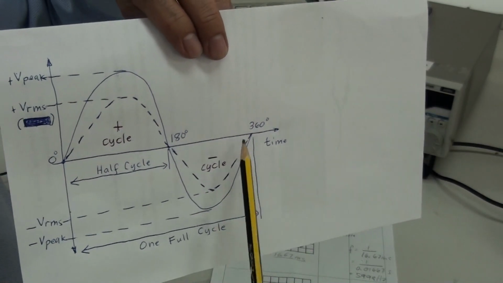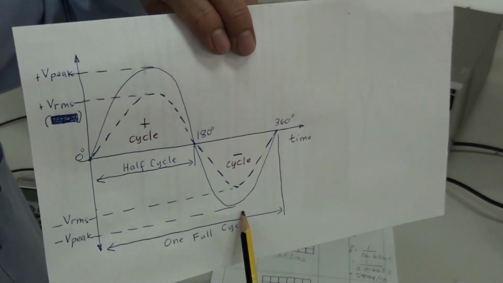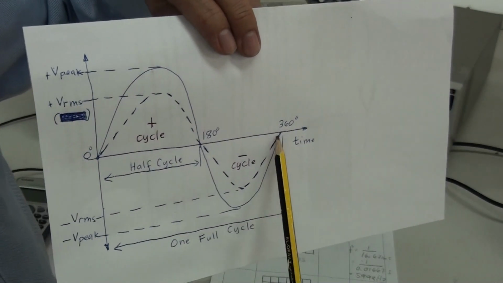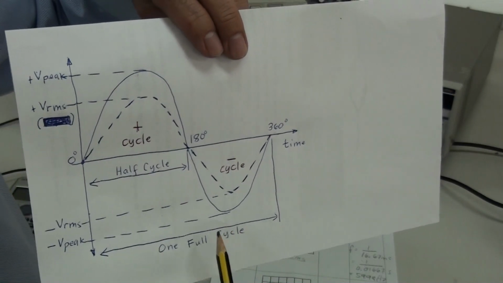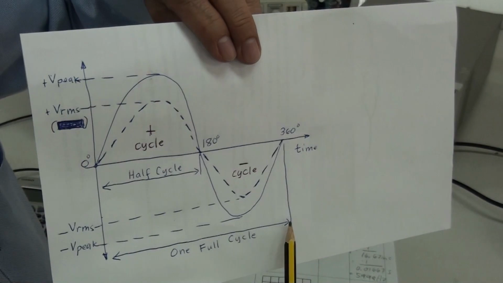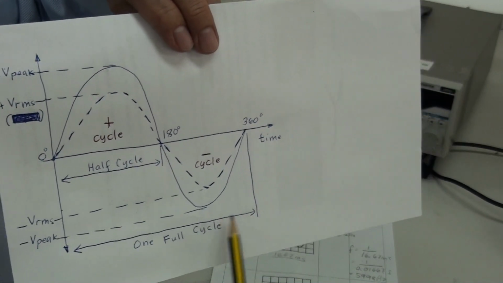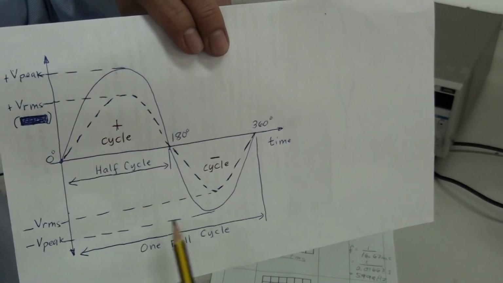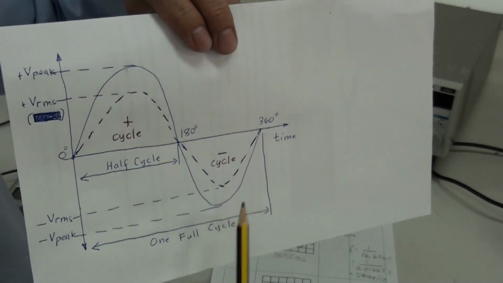This time is the time for one cycle, or period. From here up to here, that is one cycle. One full cycle has the positive and negative, and this is also called the time for one cycle. Meaning that is the time it takes to complete one cycle.